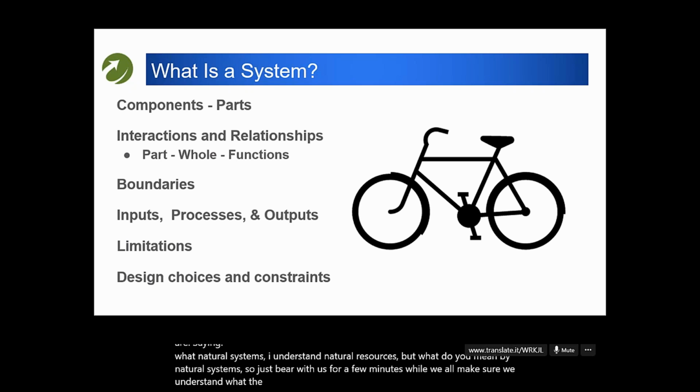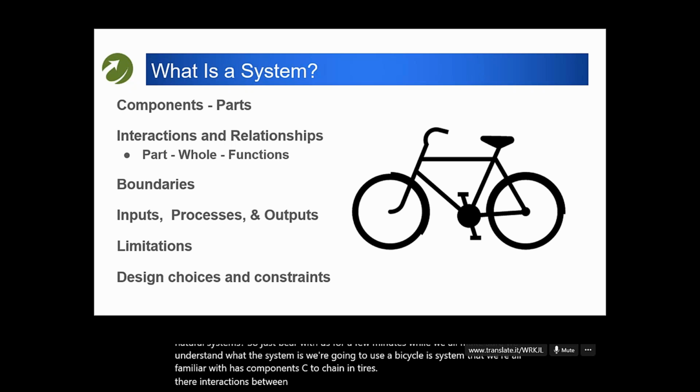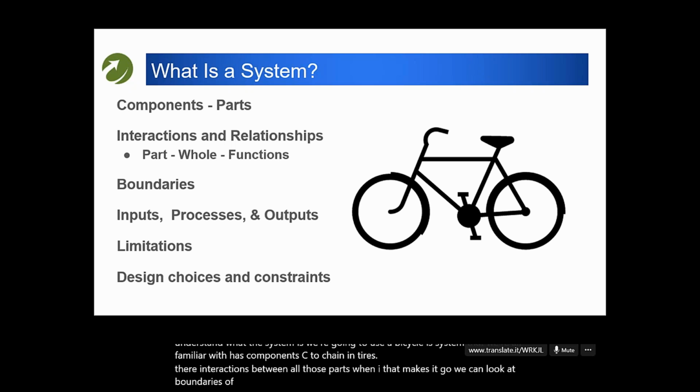We're going to use a bicycle as a system that we're all familiar with. It has components, a seat, a chain, and tires. There are interactions between all those parts that makes it go. We can look at boundaries of just the chain and what it's connected with.